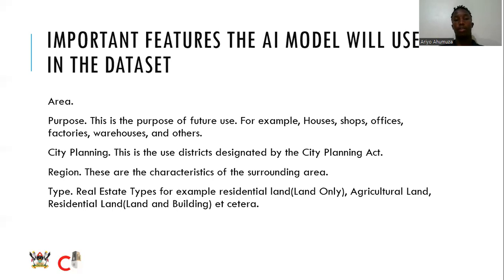This affects the purpose of future use. Region, these are the characteristics of the surrounding area. For example, swamps, lakes, beaches, such and such, they affect the price. And type, real estate types, as shown in the presentation.